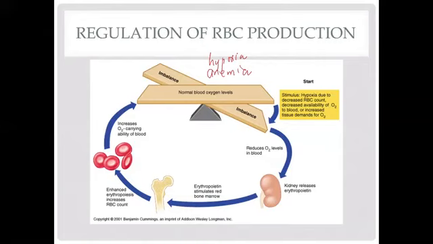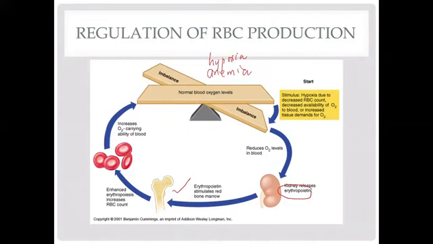So once there is an imbalance, that triggers the release of erythropoietin by the kidneys. Erythropoietin, remember, is the one that stimulates erythropoiesis in the red bone marrow cells, and through erythropoiesis, more red blood cells will be produced that came from reticulocytes.